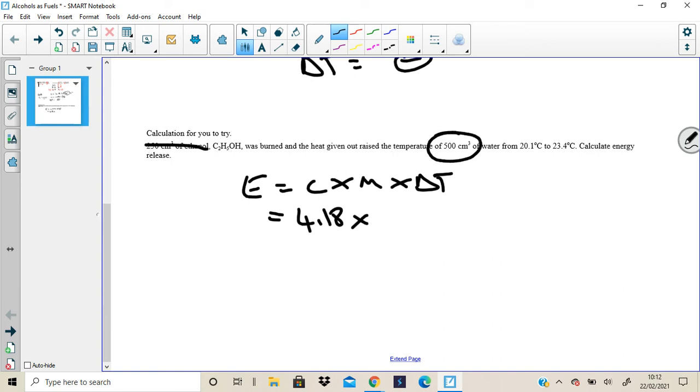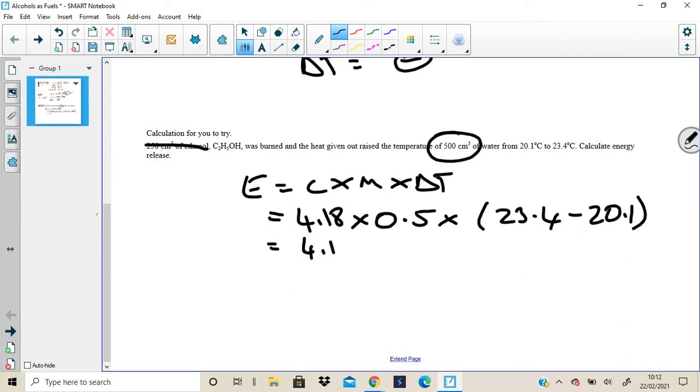It's to do with the water. Divide that by 1,000. And then what's your change in temperature? Well, change in temperature is what you ended up with minus what you started with. So if you rewrite that, you don't necessarily need to do this every time, but if you just write that, that will give you your first mark.